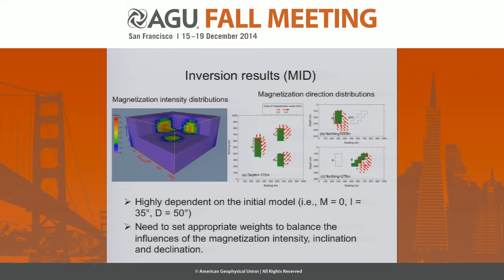That's because the magnetization intensity, inclination, and declination have different contributions to the magnetic anomaly. So if we solve them in the same equations, we will have different weights for the three parameters.